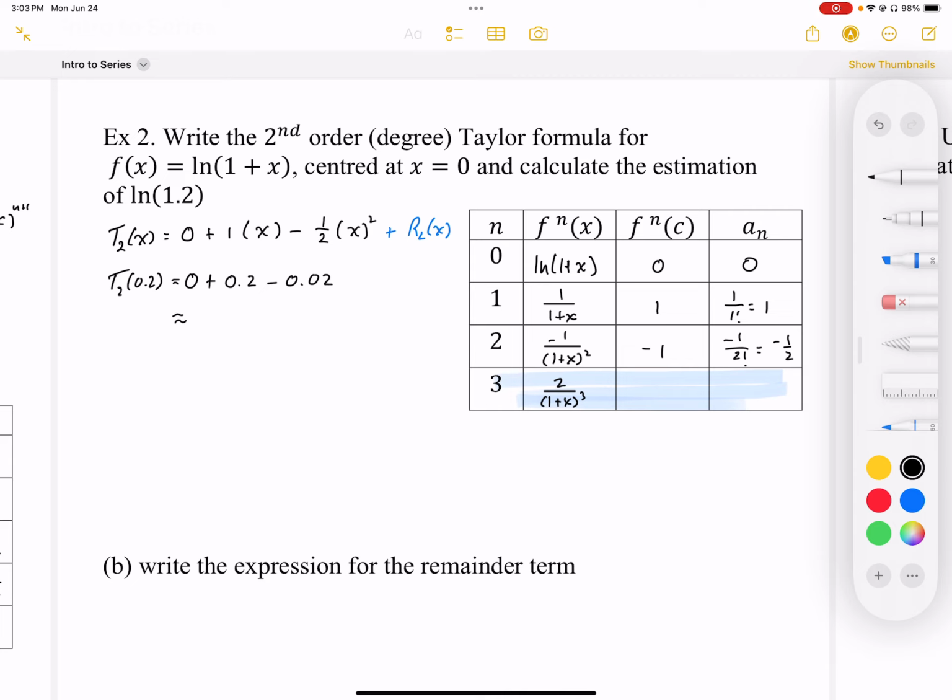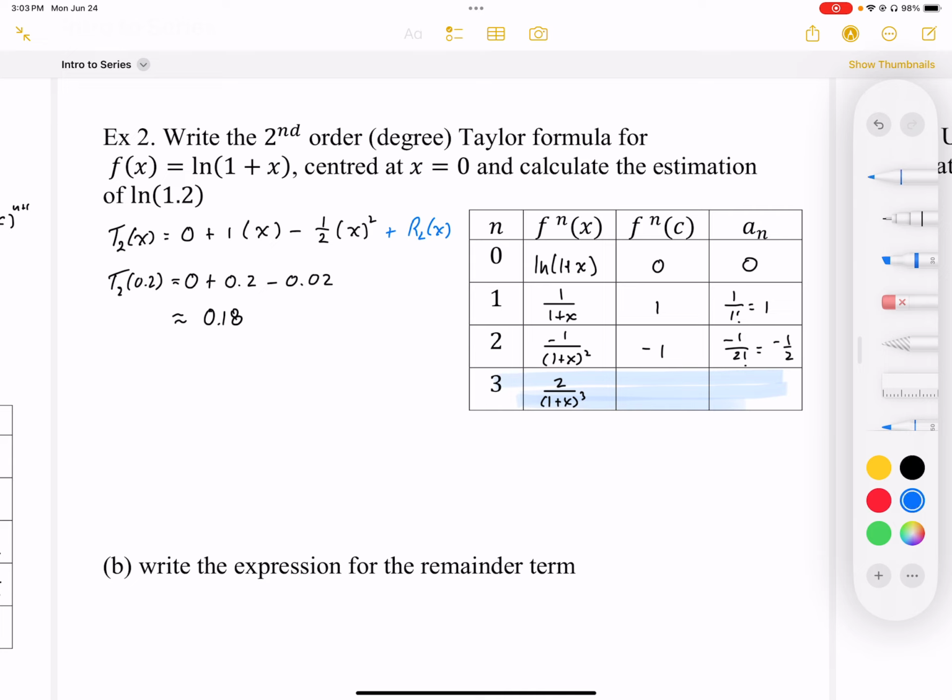Okay, and so this is approximately going to be equal to 0.18. Now if we compare this to the actual value, it's going to be 0.18232.